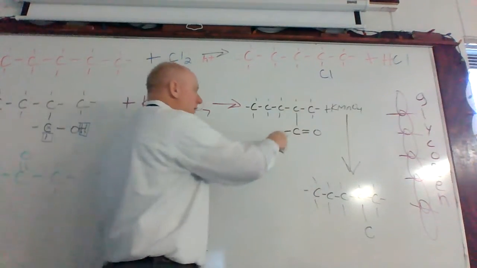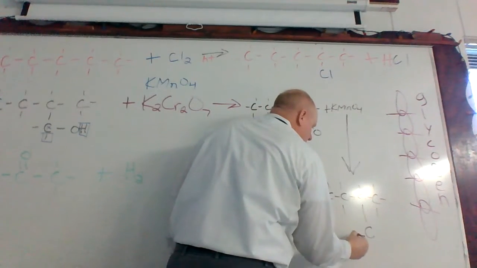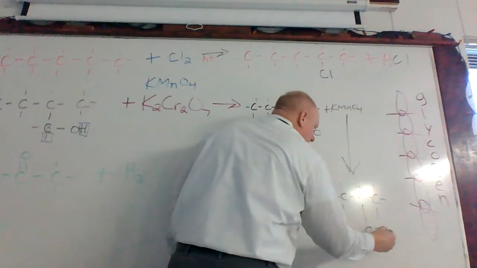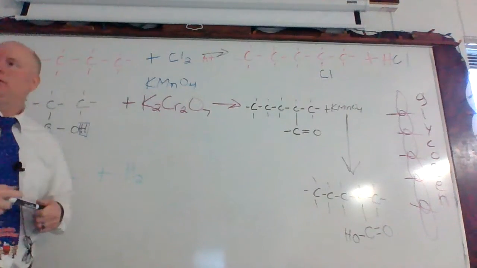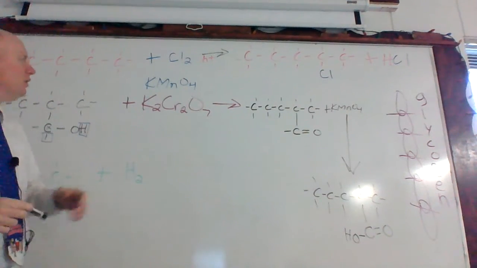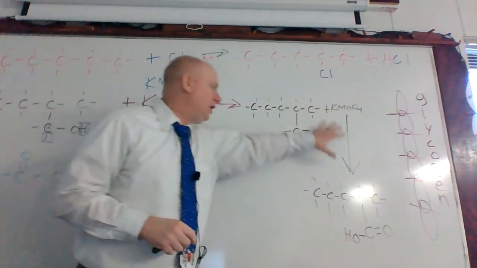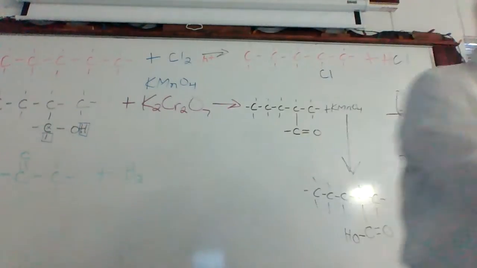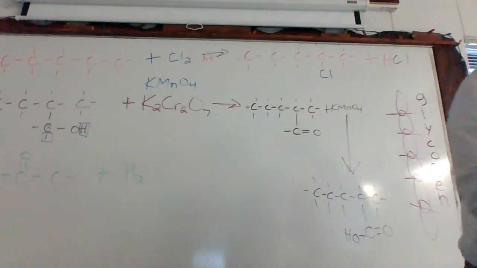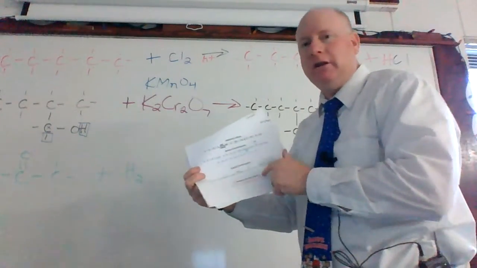It adds an OH group to it, and then there's our double bonded oxygen. That's right. So stage 1, aldehyde, stage 2, acid. And then, again, that can be found on your reaction flow chart here that's written in green.